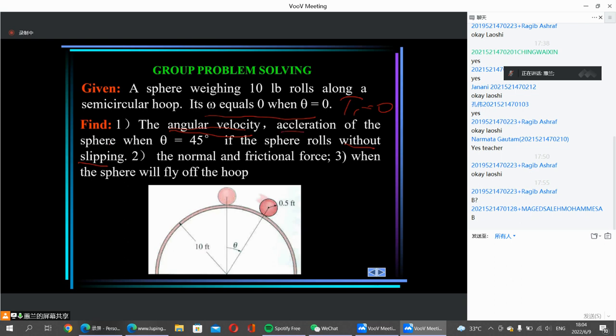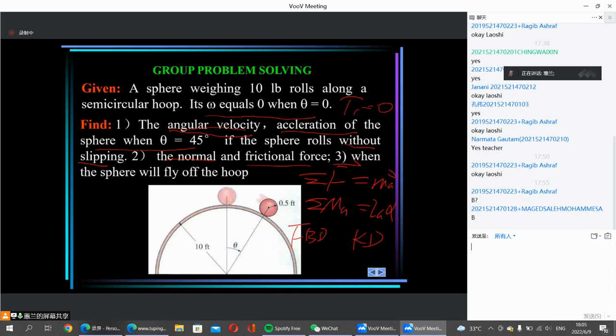How to find out the acceleration of the sphere, the normal and the friction forces? Use equations of motion, sigma F equal to m a, sigma M_G equal to I_G alpha. You need to draw FBD and KD, and the FBD and KD are equal to each other.